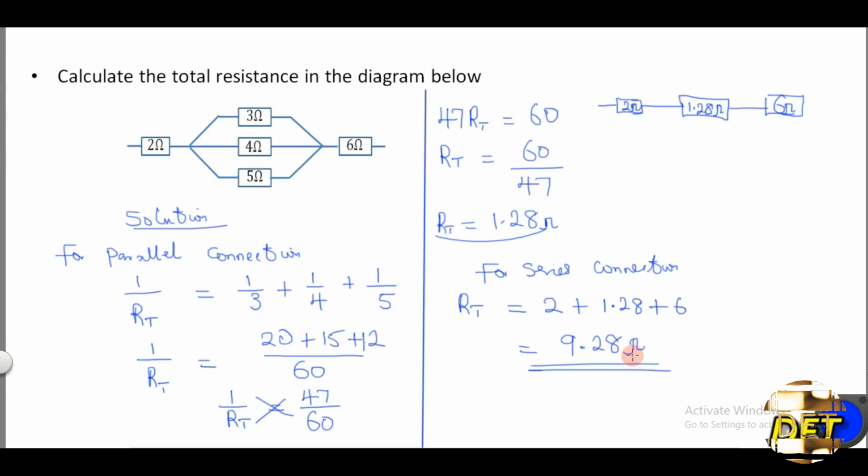So this is the final answer to this particular question. So the total resistance in the diagram below is 9.28 ohms.